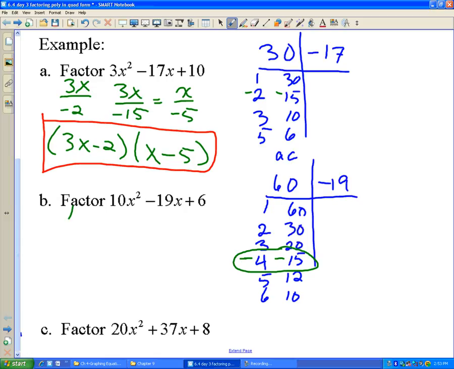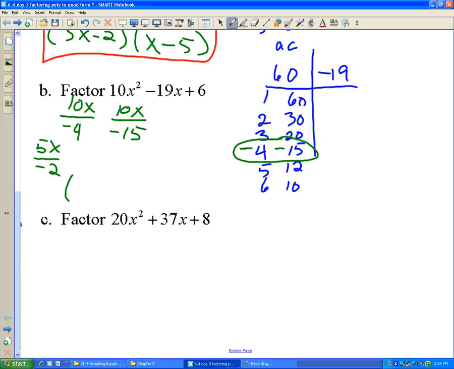So I use my fractions, 10x over negative 4, 10x over negative 15. 10x over negative 4 reduces to 5x over negative 2, so I get the factor 5x minus 2. 10x over negative 15 reduces to 2x over negative 3, so I get the factor 2x minus 3. If I FOIL that out, I get 10x squared minus 15x minus 4x, which is minus 19x plus 6.